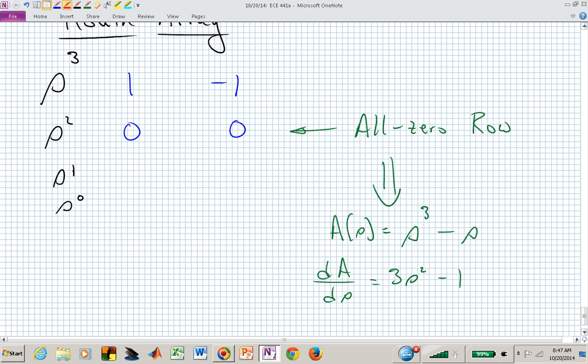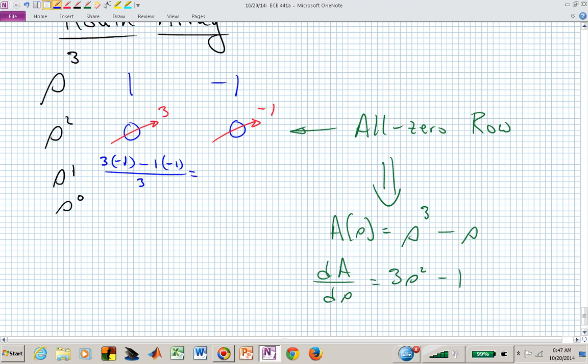What's the first 0 in the S2 row? Three. What's the second entry in the S2 row? -1. Now we can continue. We have 3 times -1 minus 1 times -1 all over 3.